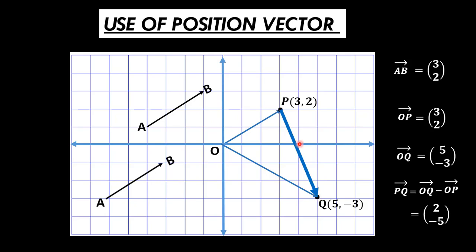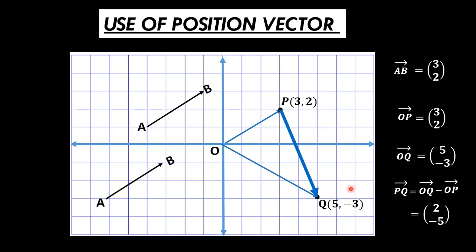Dear students, a significant consideration that we can make over here is just look the coordinates of the point P, 3 in x direction and 2 in y. Similarly, if you look at the position vector of P relative to O, which is OP, it is also having the same coordinates as the point P, which is 3 units in x direction and 2 units in the y direction.